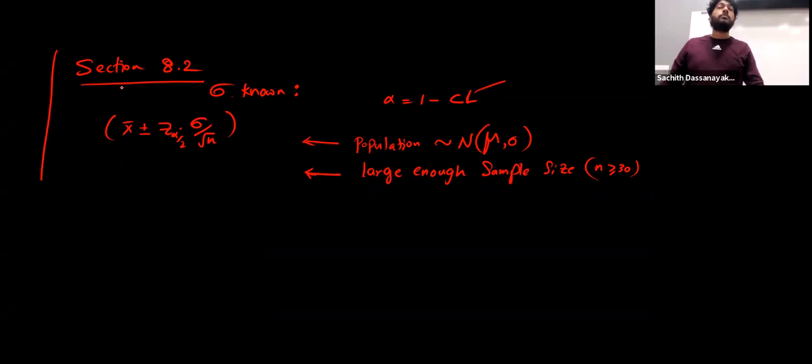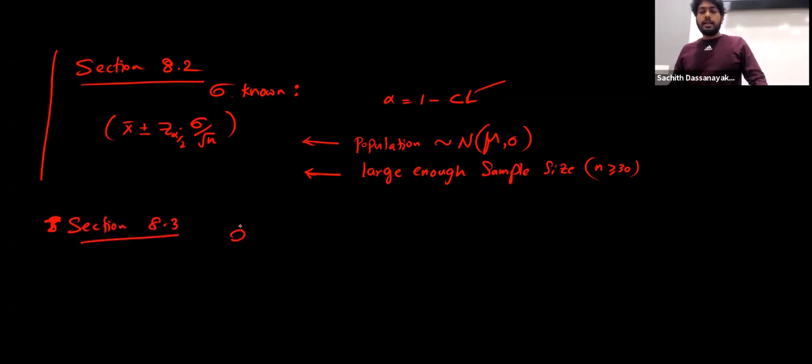That is section 8.2, known sigma. So what about section 8.3? Sigma unknown. Don't mix these two. Sigma unknown.